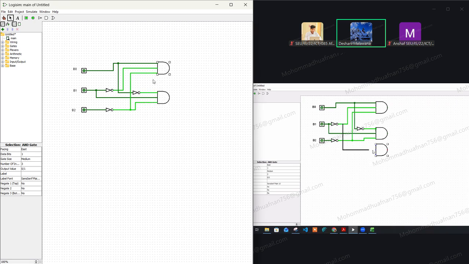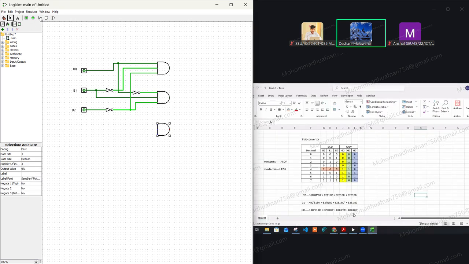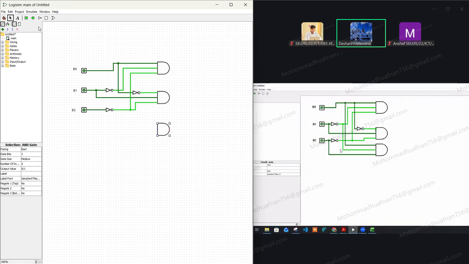So B1 is here, directly from here. Then we can take it from this line to here and this one to here. Okay, so the last one, B naught is dash. So B naught we can take directly from here.